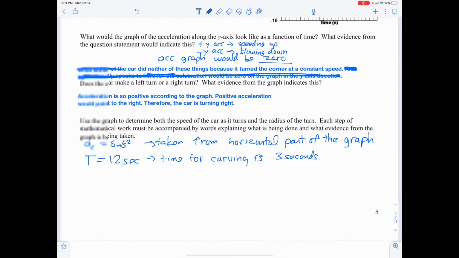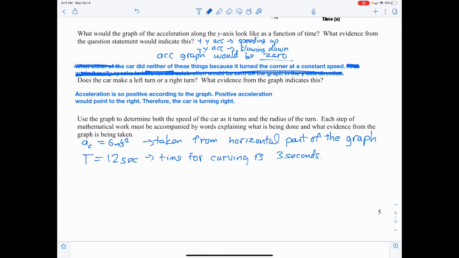Therefore, the period would be completing the full circle if indeed it did go a full circle, and that would take 12 seconds to complete a full circle for that particular curve. So the period is 12 seconds. We can use the equation a sub c equals 2 pi v over T.